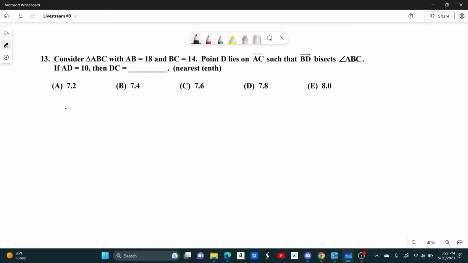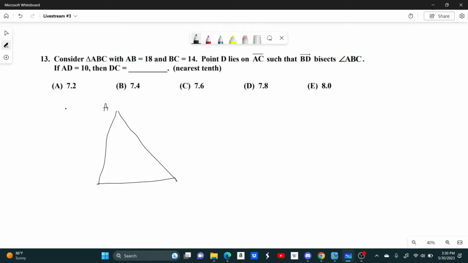Okay, let's see. Consider triangle ABC with AB equals 18, BC equals 14. Point D lies on AC such that BD bisects ABC. If AD equals 10, then DC equals what? Okay, so always draw a picture. You get a triangle, don't even read the rest of the question. Just draw a triangle and then read the rest of the question.